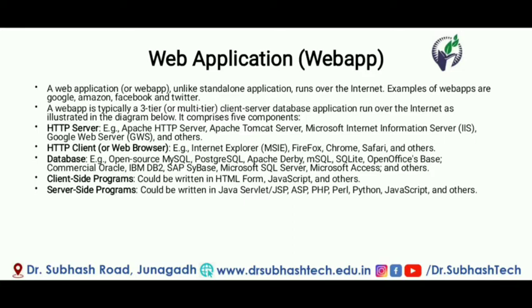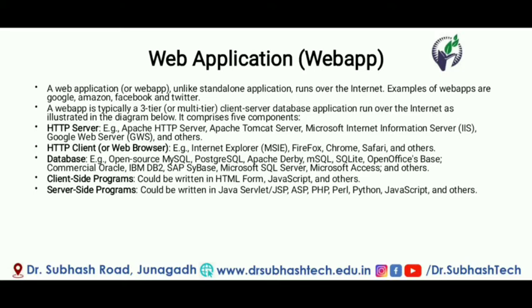To store the data needed in a web application, we can use any type of database, such as MySQL, Oracle, PostgreSQL, Apache Derby, MSQL, SQLite, OpenOffice Base, Commercial Oracle, IBM, SAP, then Sybase. Any type of database you can use as a database server.